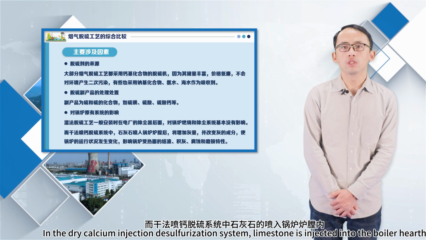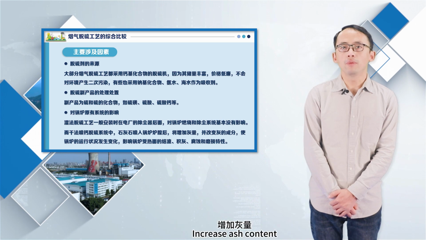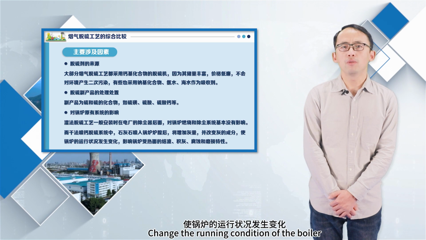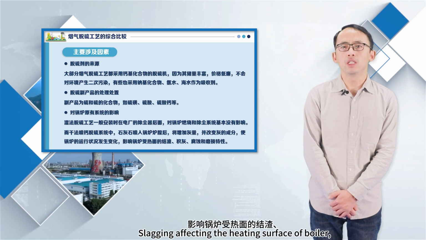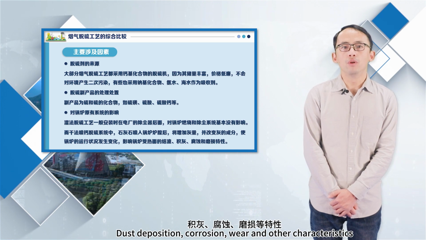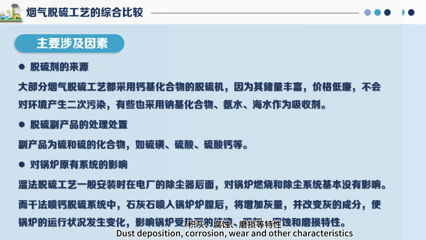In the dry calcium injection desulfurization system, limestone is injected into the boiler hearth. Increase ash content. Then, the composition of the ash is changed. Change the running condition of the boiler. Slagging affecting the heating surface of boiler. Dust deposition, corrosion, wear and other characteristics.